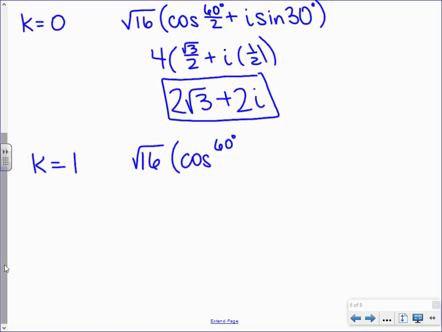Since we are in degrees, we're going to make it 360k. What would our new angle become? What is 60 plus 360, then divided by 2? Okay?